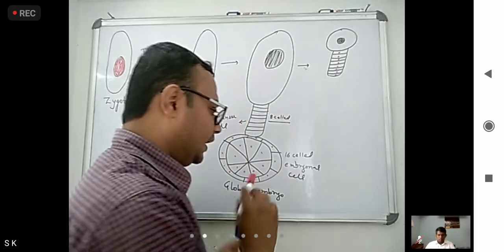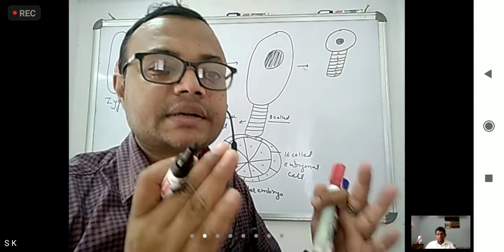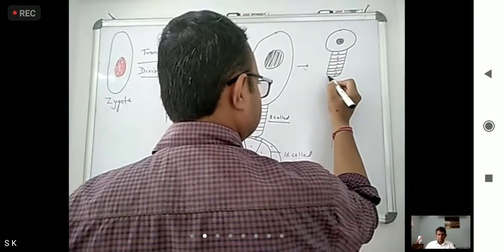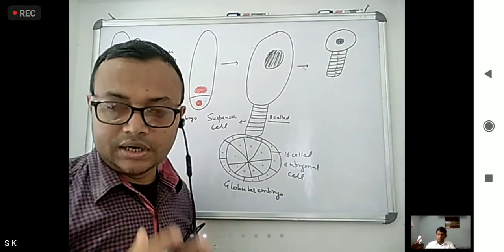Okay, and this embryonal cell become heart shaped. This embryonal cell become what? Heart shaped.